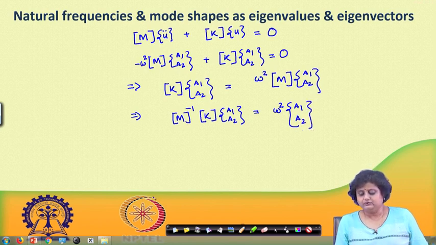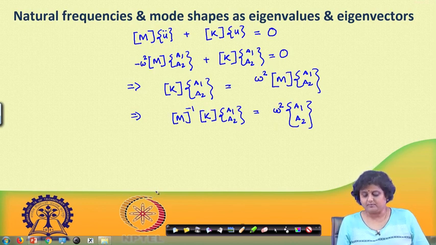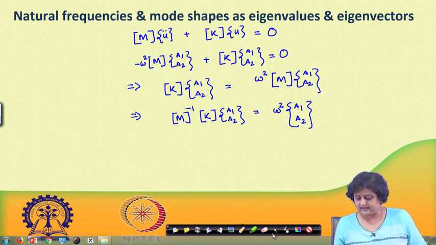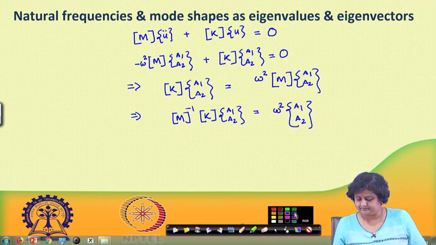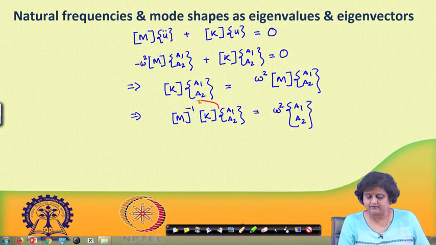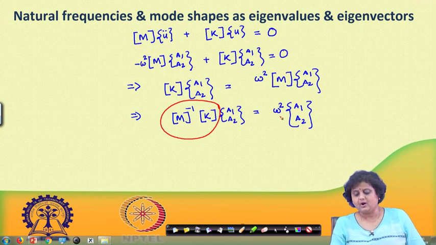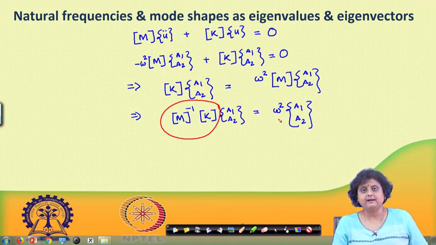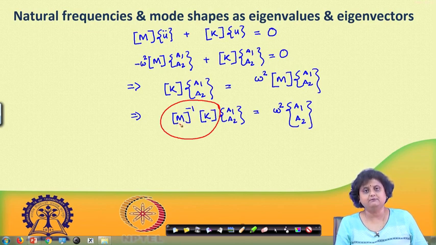Okay. So, you can realize this is an eigenvalue problem for the matrix M inverse K. For this matrix M inverse K, omega square are nothing but the eigenvalues of this matrix, and A1 and A2, that is the mode shape, is the eigenvector of this matrix M inverse K.